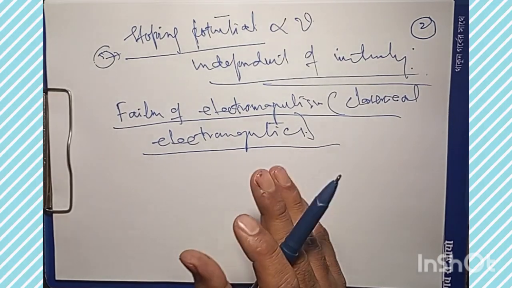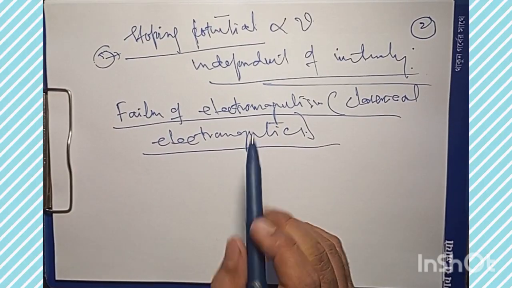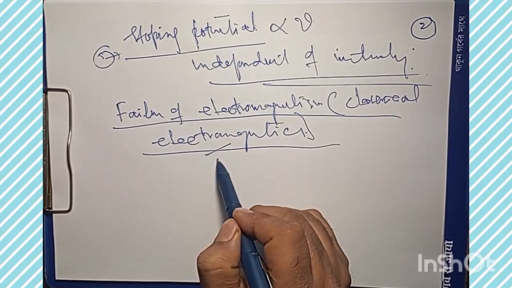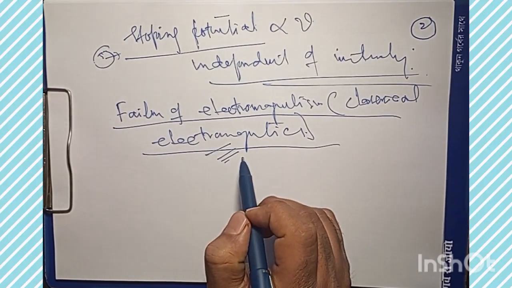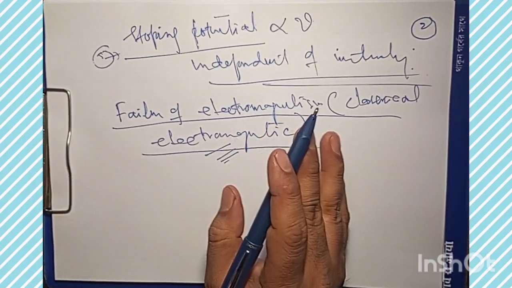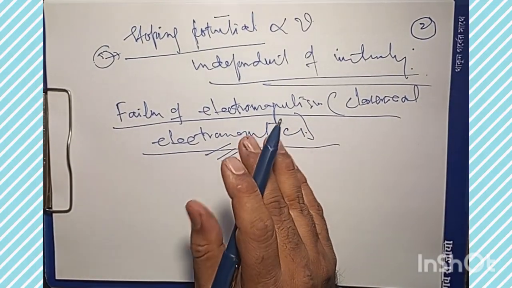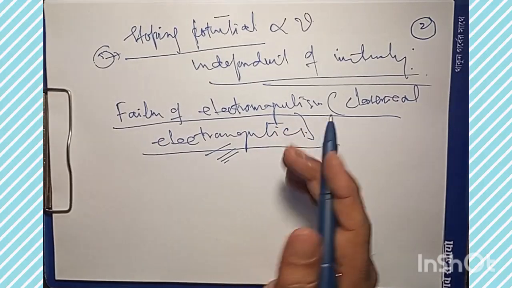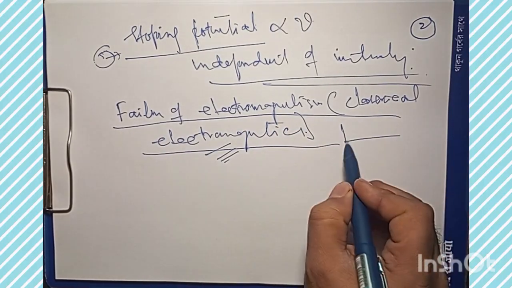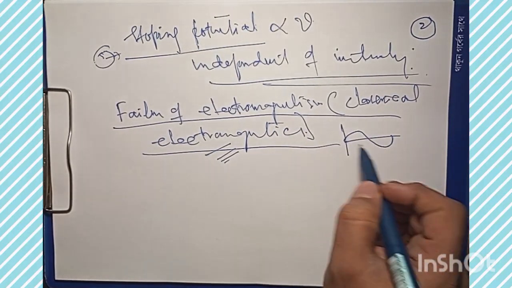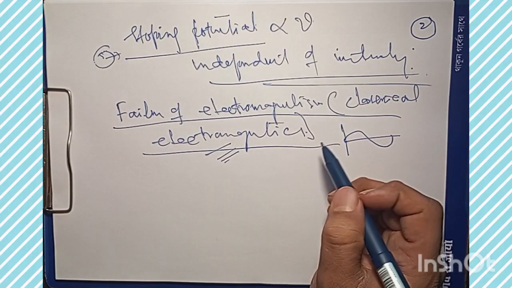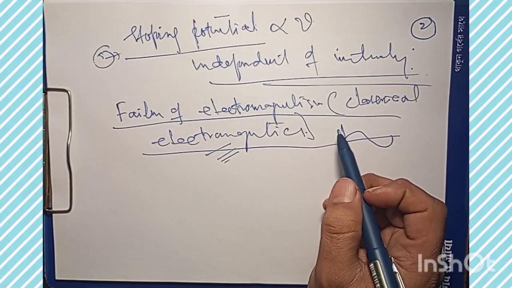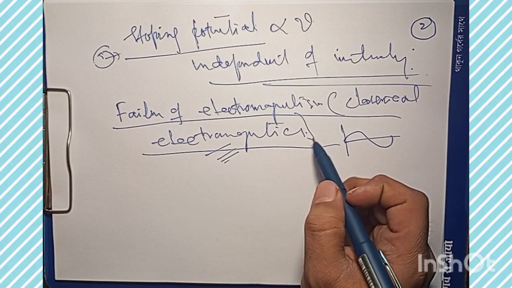According to the classical electromagnetic theory of light, a substance that's exposed to light is subjected to an oscillatory electric field. It's an electromagnetic wave, with an oscillating electric field and magnetic field.